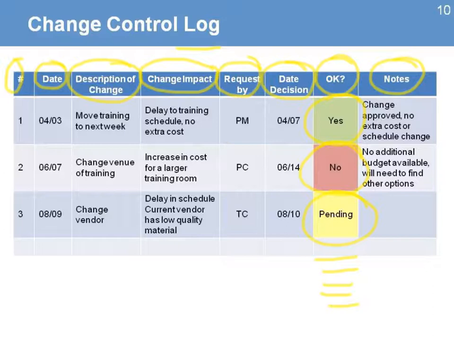Looking at the items that are still pending and the dates that were required to have a decision, it's a good tool to get some feedback, to find out why this change is taking so much time, and then maybe even use that as a way to escalate the decision.